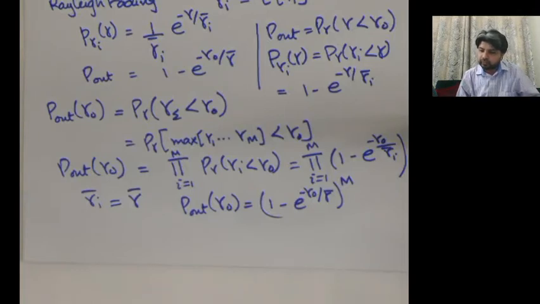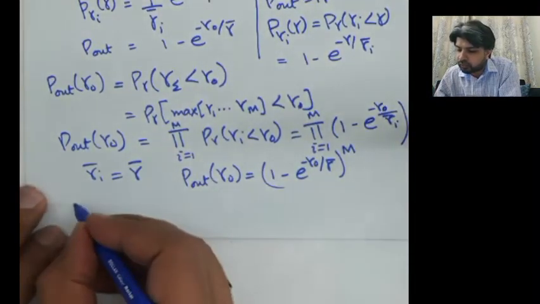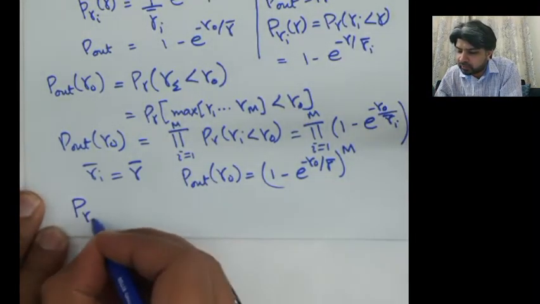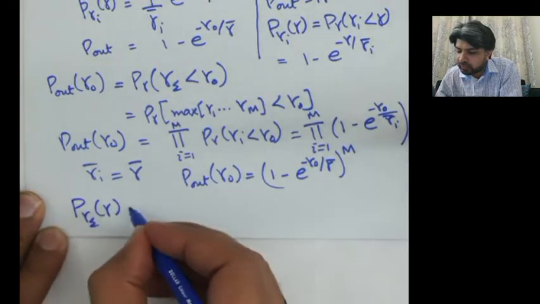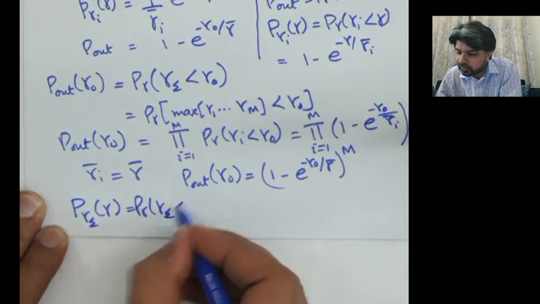For selection combining, we said that there is a connection between the outage probability and the CDF. So if you want to compute the CDF as a function of gamma, it would be very similar to this equation. P gamma sigma of gamma is nothing but the probability that gamma sigma is less than gamma.